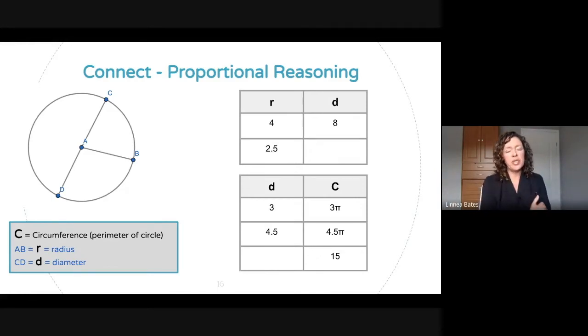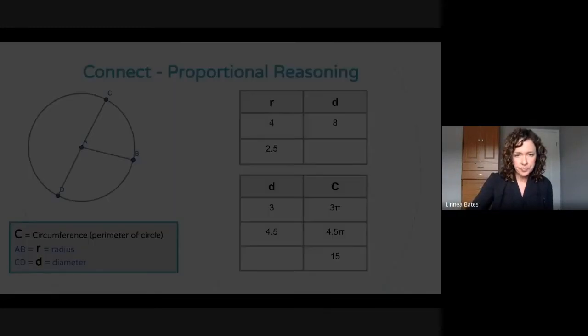Rhonda and I talked a little bit here about whether we wanted to use the pi symbol or use an actual decimal for circumference. Depending on what students are using for their calculators, whether they're punching in 3.14 or they have an actual pi symbol, they're getting slightly different answers. So it might be beneficial for them to see it this way as well and understand that when the circumference is 15, then the diameter would be 15 divided by pi. So you can use those ratio tables to really hammer home that proportional reasoning.